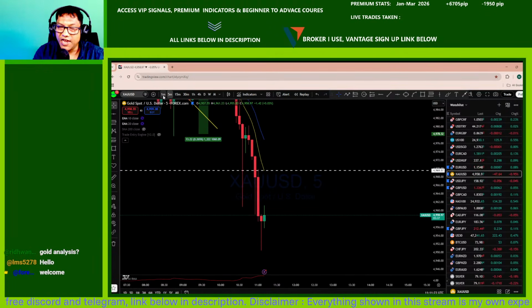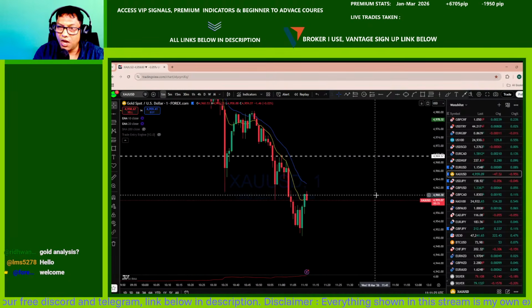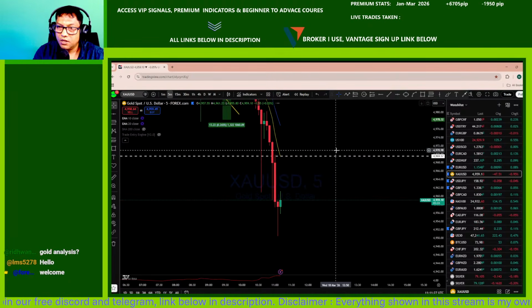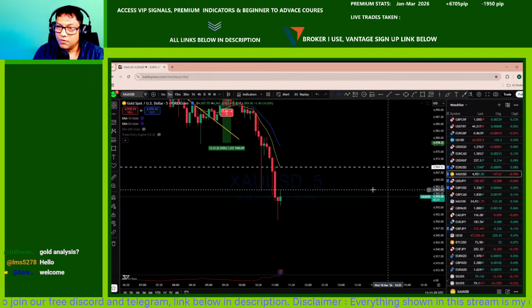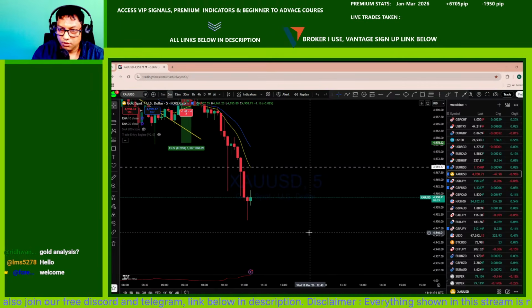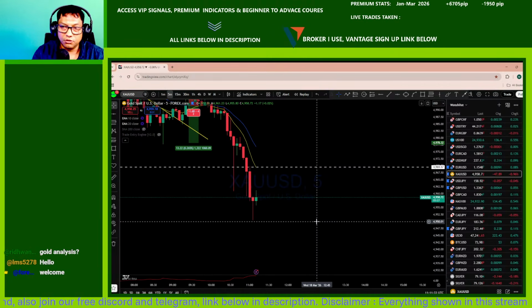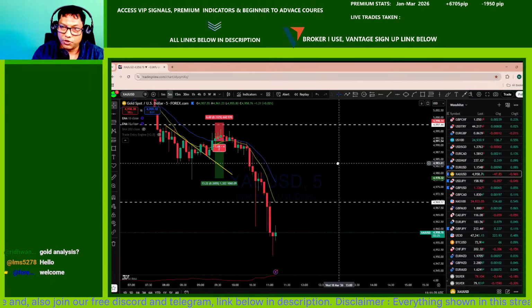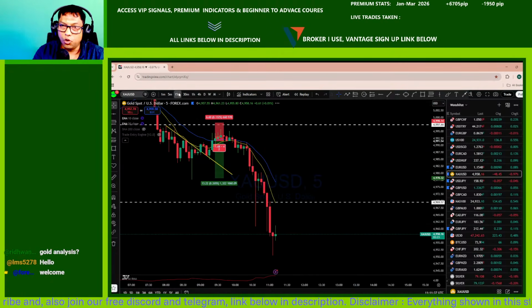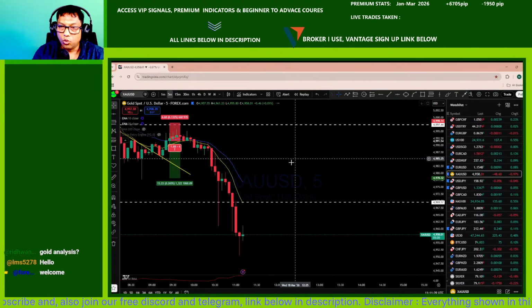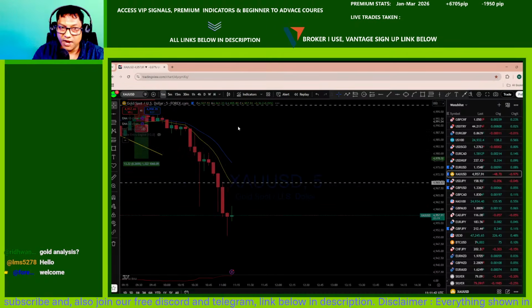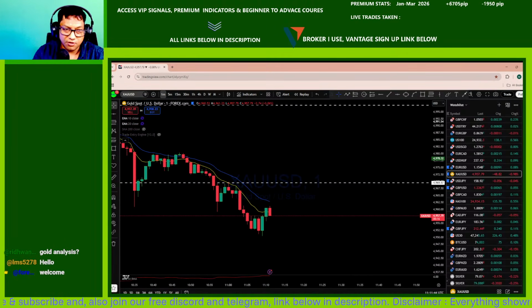From that key zone, if the market goes up to this level here, we're expecting the market to potentially revert back to the direction of the trend. There has been a significant move earlier, and we might be able to find an entry faster than we thought.